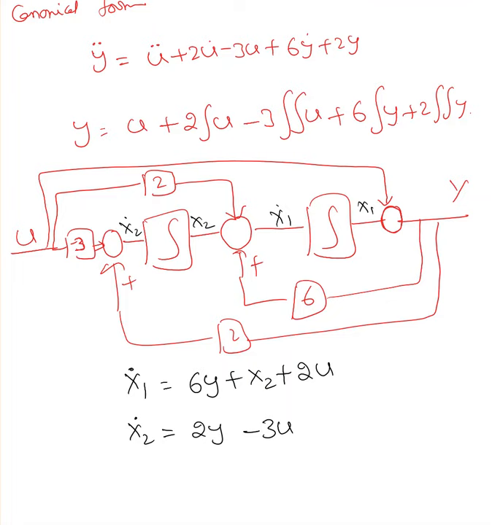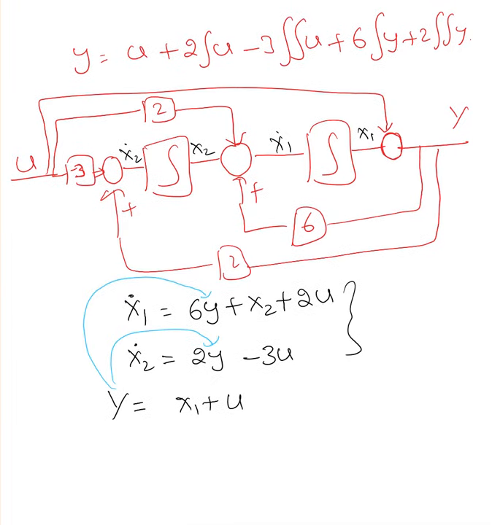These are the state equations, but at the same time I need to replace y. Can I say y equal to x1 plus u? Okay, y equal to x1 plus u. So now I'm going to substitute this y in here and in here.